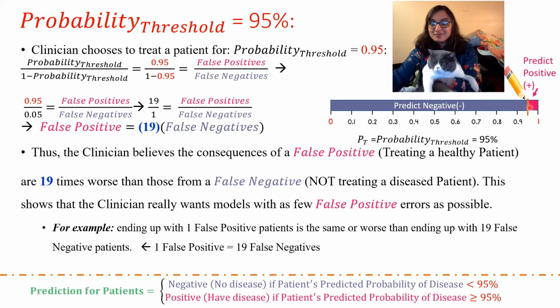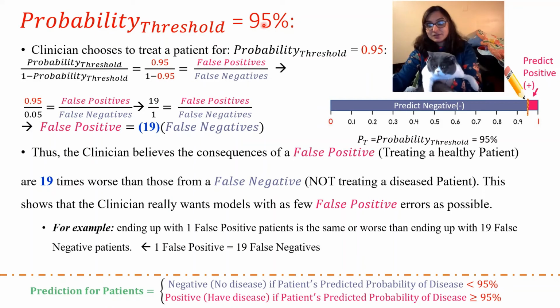And now if we even raise it to 95%, it's kind of analogous. It's kind of like the opposite of the probability threshold of 5%, which is something that you'll see here. Because at 5%, 1 false negative was 19 times worse than 1 false positive.